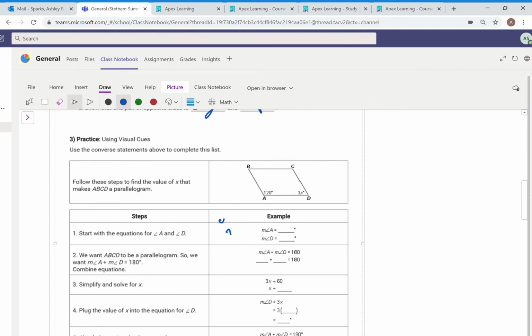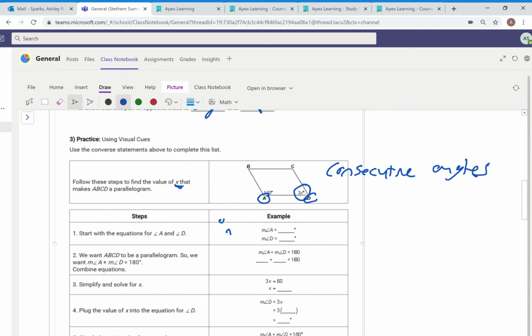It says follow these steps to find the value of x that makes ABCD a parallelogram. So what value would x have to be in this statement for this to be a parallelogram? Well, what I'm given here are A and D, which are consecutive angles, right?